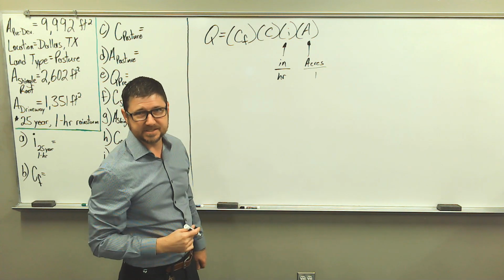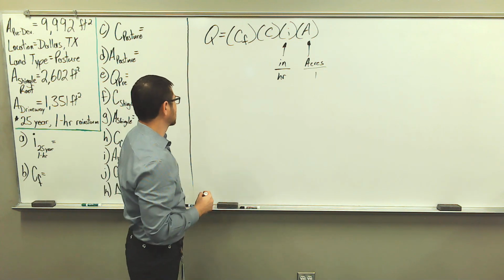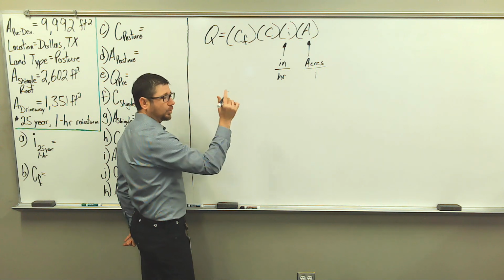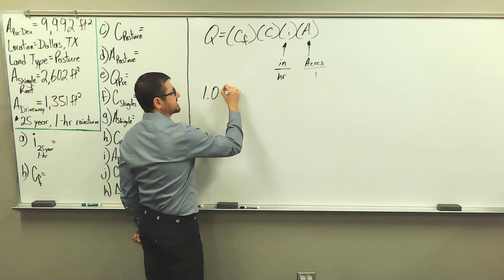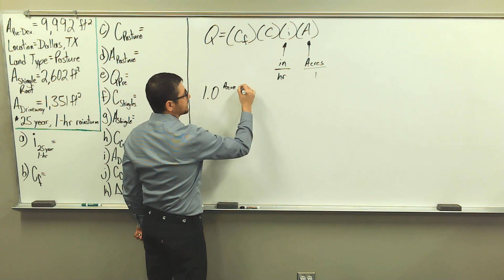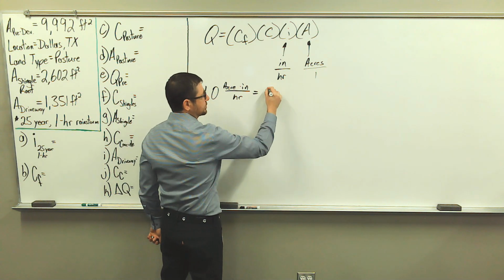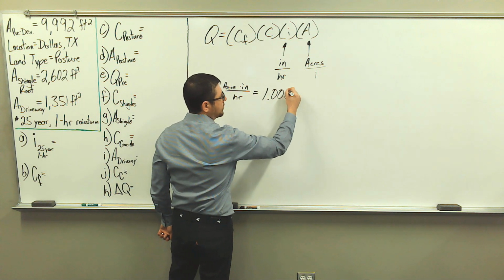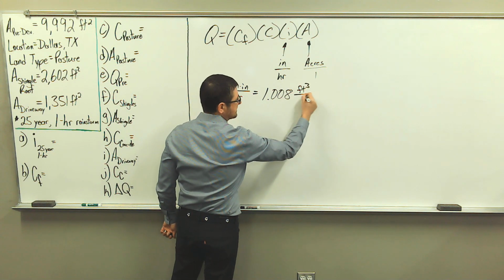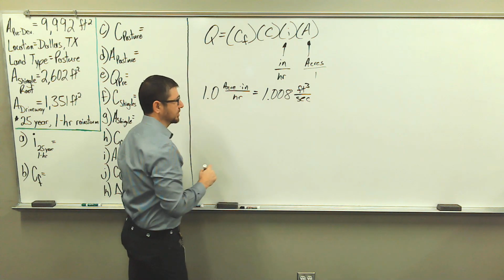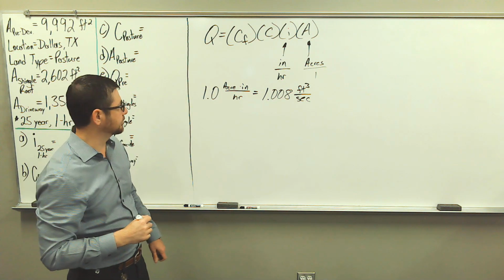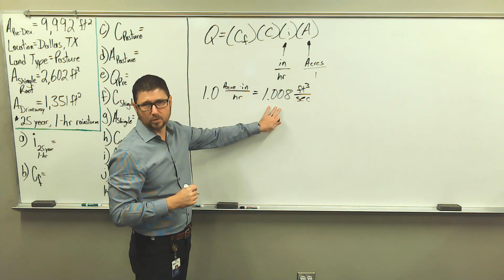Algebraically, we know that this is acres over 1. So we have an important conversion: 1.0 acre times inches per hour is equal to 1.008 cubic feet per second. That is one of our important conversions that we're going to need to use.